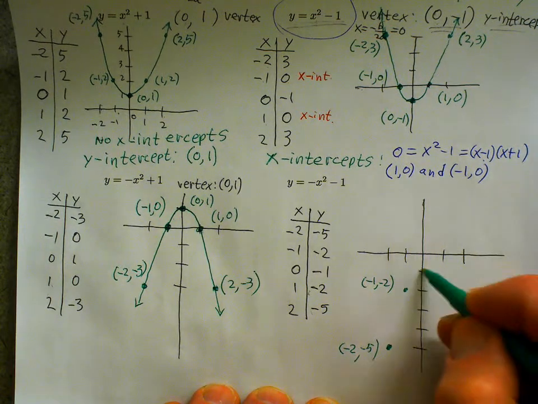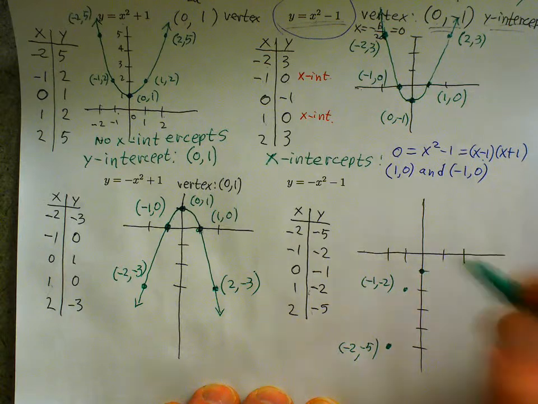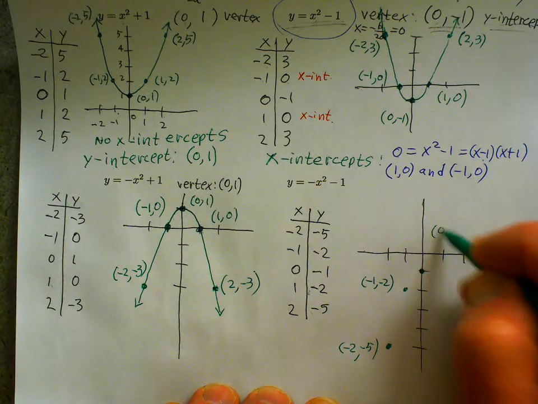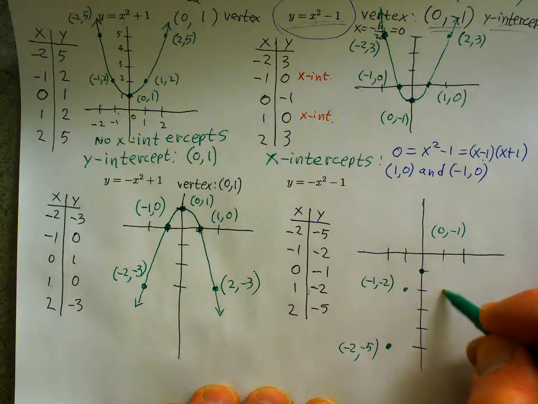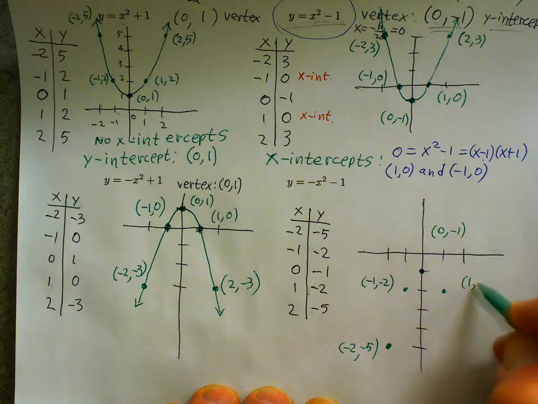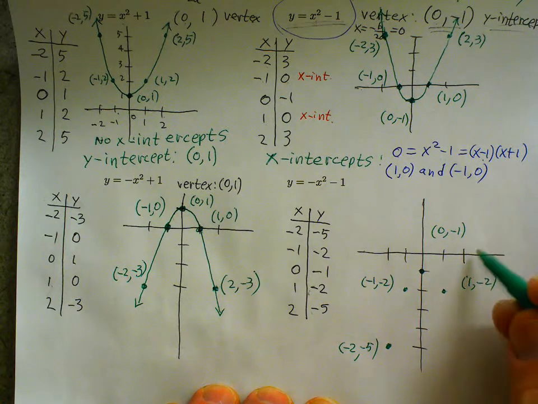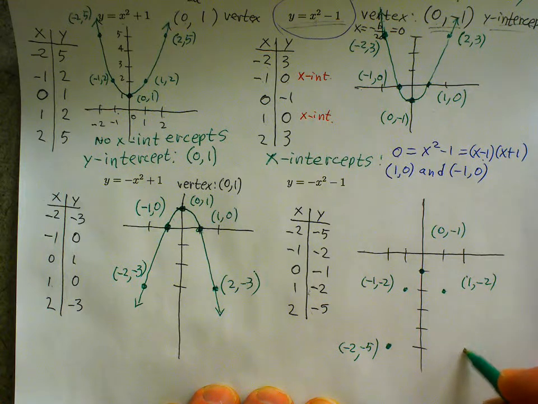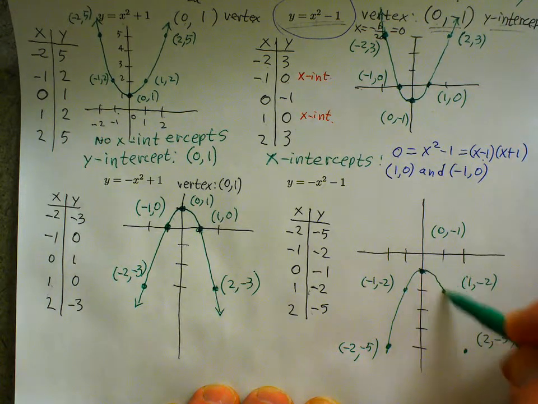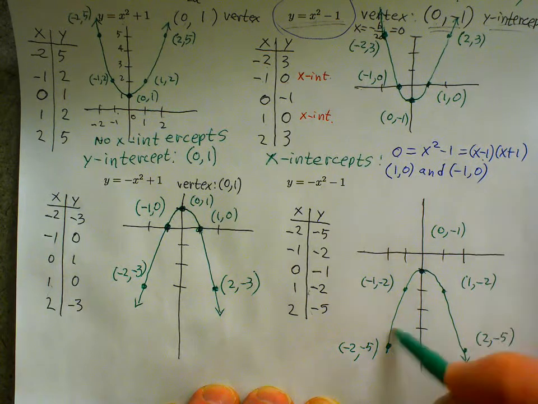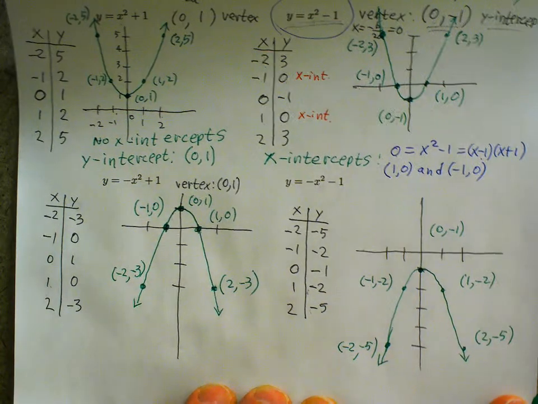The vertex, 0, -1, 1, -2, and 2, -5. Okay, that is our parabola.